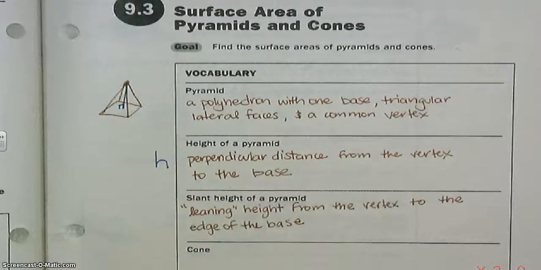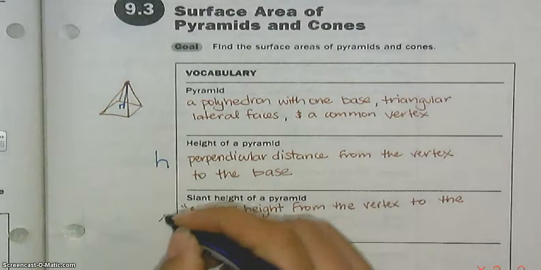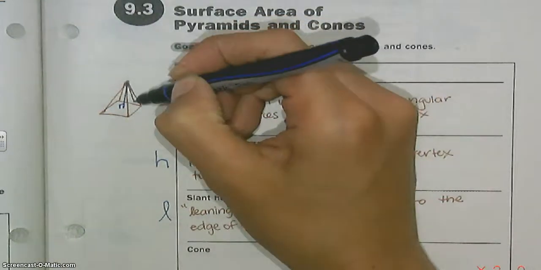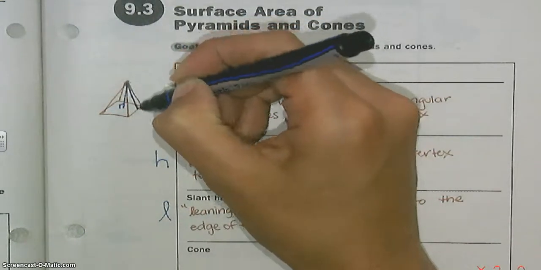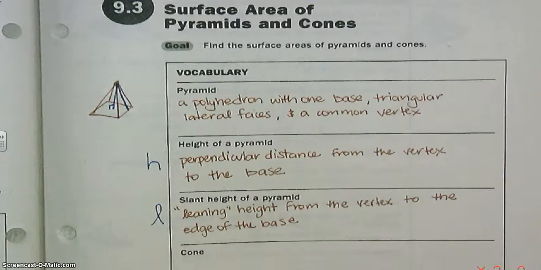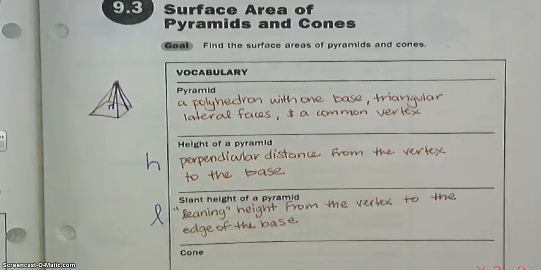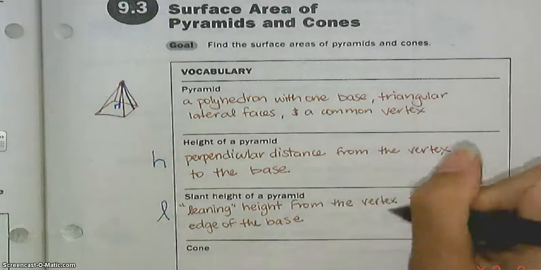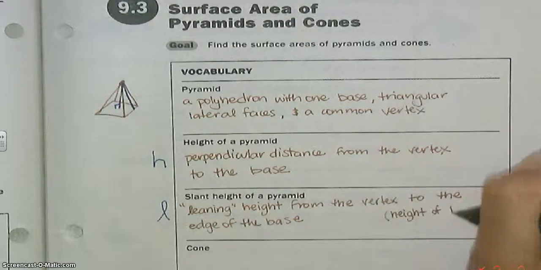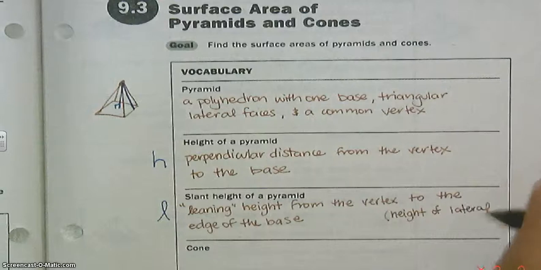All right, and it's leaning, so we call it L. And that leaning height is right here, goes along the lateral face. So it's the height of the lateral face. That's another way to think of it. Height of lateral face.